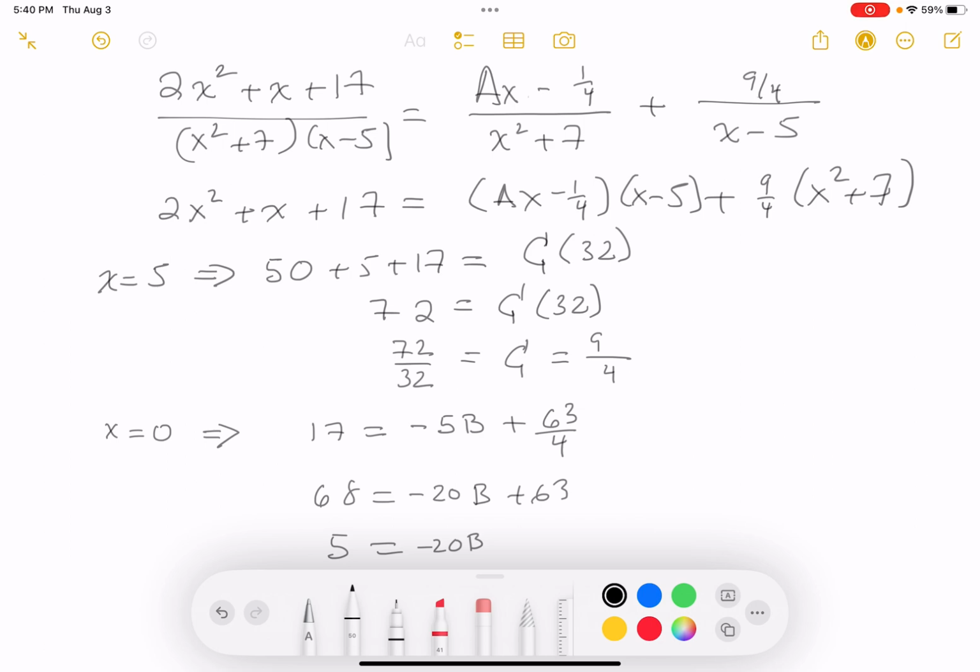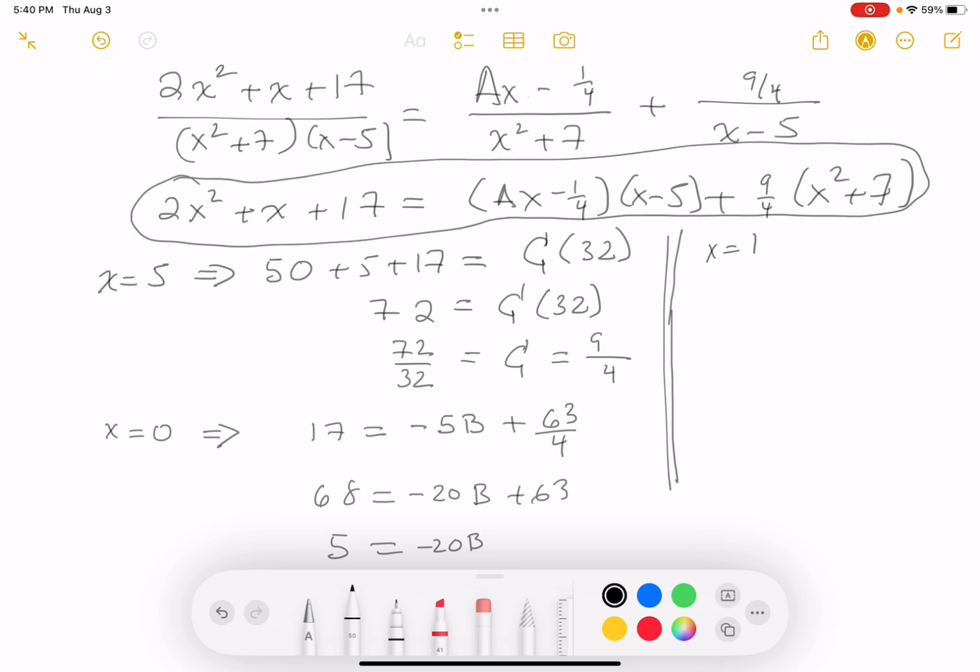And I'm going to pick another number. I'm going to pick x to be 1. And what do you get? 2 plus 1, I'm on the left side now. By the way, if you wonder what I'm doing, I'm always doing it here. You get 2 plus 1, which is 3, plus 17, which is 20. If x is 1, I would get a minus 1/4, and 1 minus 5 is minus 4.